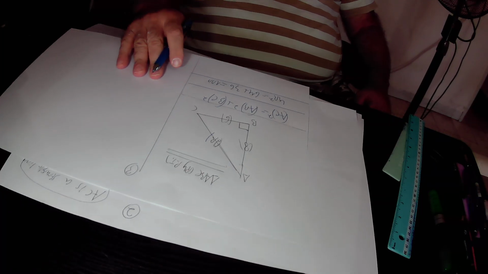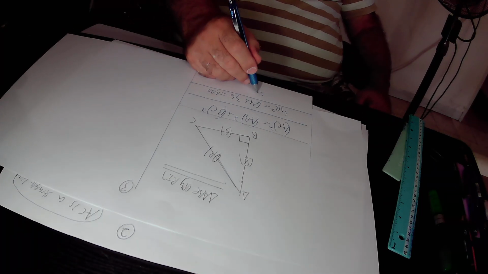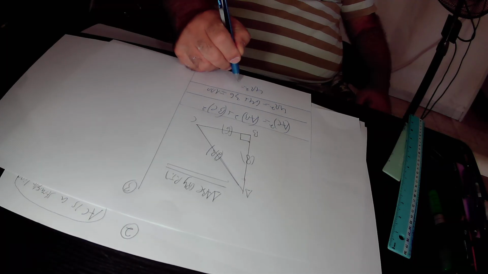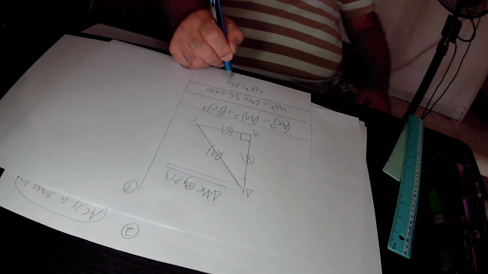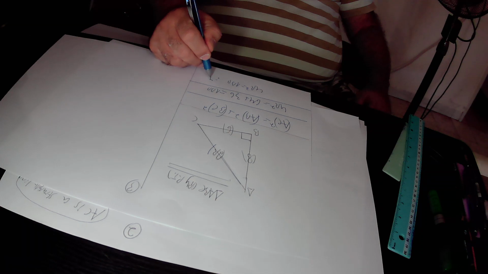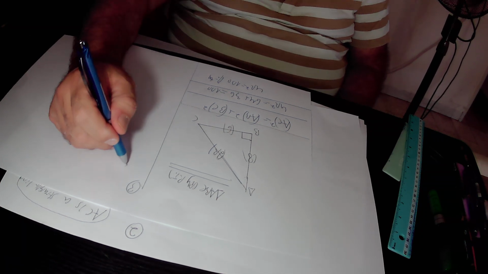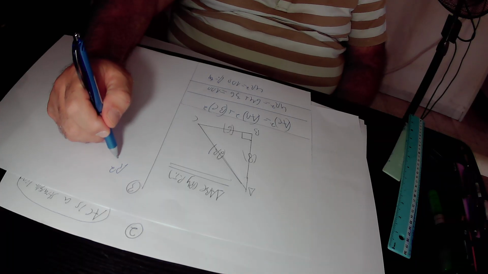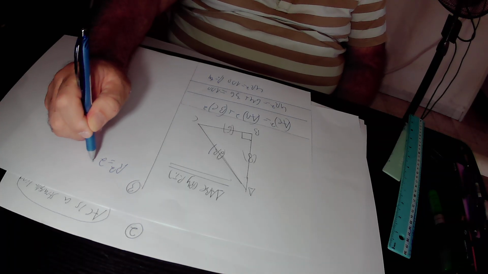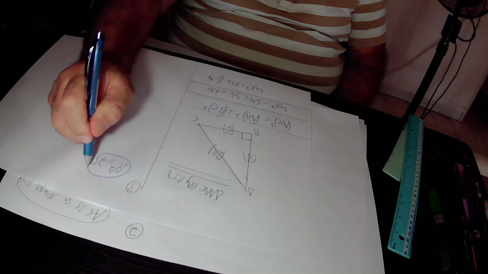So we found out that 4r squared equals 100. Here we divide this equation by 4, and we get that r squared equals 100 over 4, which is 25. So r squared equals 25.